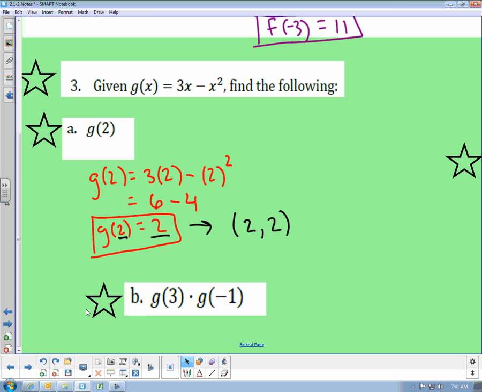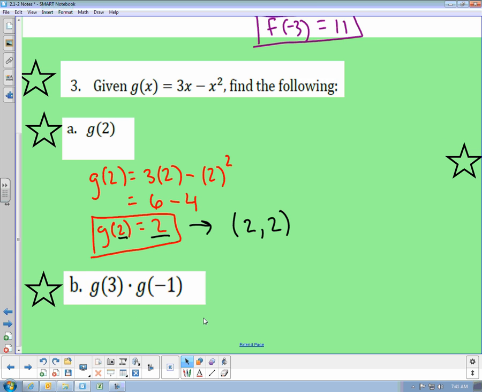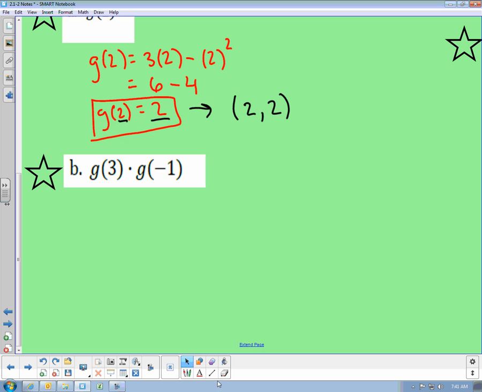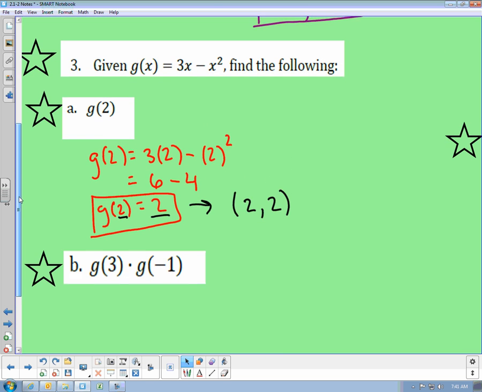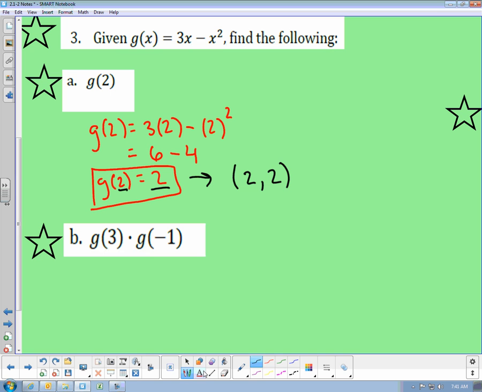How about part B? Now I want g of 3 times g of -1. So I'm going to take that 3 and the -1 and I'm going to put them both into the function. So g of 3 would be 3 times 3 minus 3 squared. It's almost like we have to calculate that first, times g of -1, which is 3 times -1 minus (-1) squared.